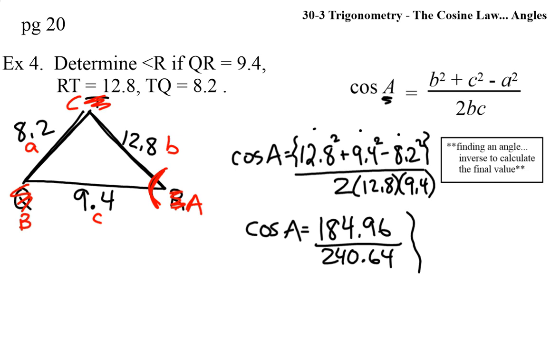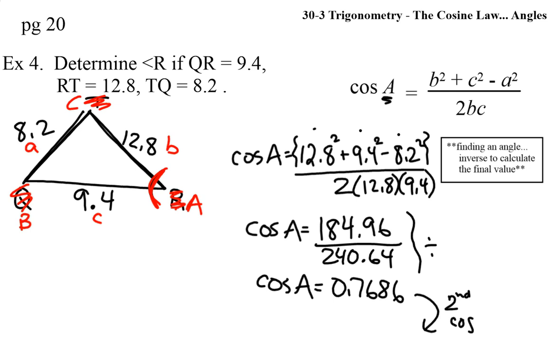I can divide these, and I get a decimal value of 0.7686. Once you have your 0.7686, finish with second function, cosine, inverse, whatever you want to call it. Angle A works out to be 40 degrees.